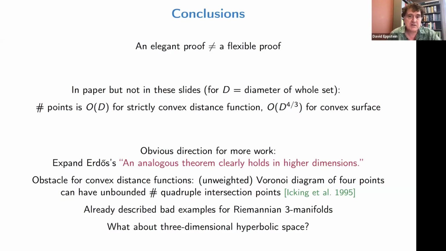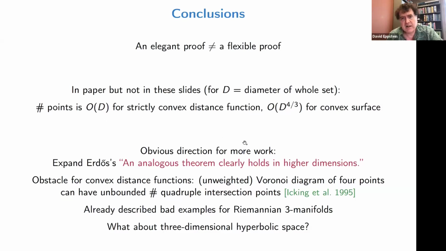Now in the paper, though I don't have it in these slides, you can improve the d² bound on the number of points that you get in a non-collinear integer distance set to O of d for a strictly convex distance function, and O of d to the 4/3 for a convex surface. That still doesn't match the sublinear bound that we get for Euclidean spaces based on algebraic methods.